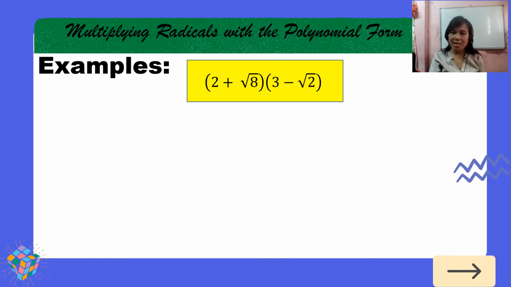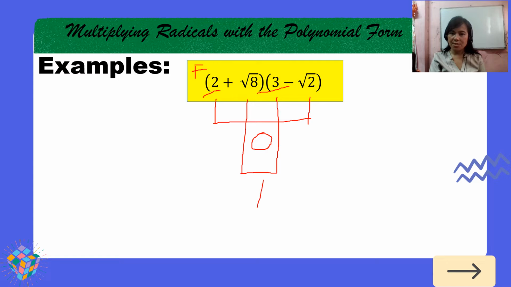So dapat, you should understand na ito yung ating first terms. These are the F. Okay? Tapos, yung outer terms naman natin, ito, tsaka ito, these are our outer terms. And then, of course, inner terms will be those which are inside.